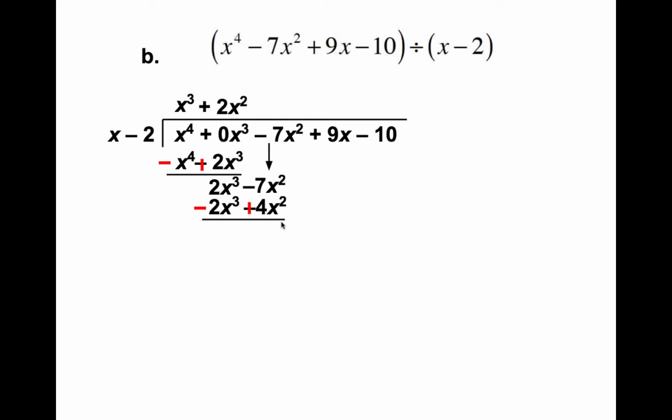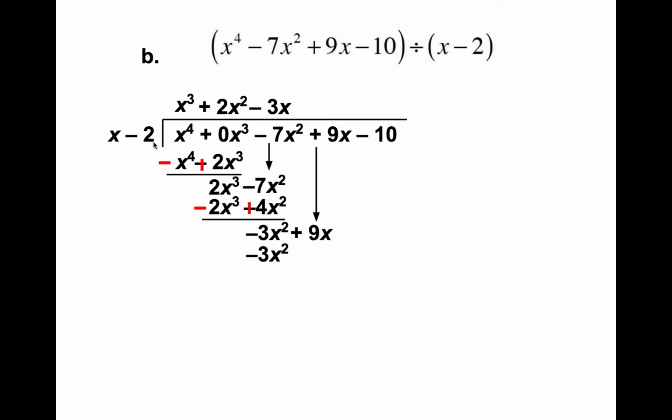Subtract the whole row, change both signs. The x cubes canceled. I'm left with a negative 3x squared. Drop the next term. Looking first term, x times what is negative 3x squared? That would be a negative 3x. Now we multiply negative 3x times x, that's a negative 3x squared.